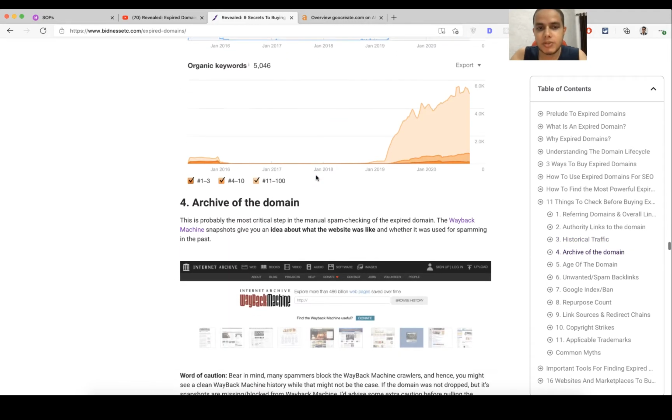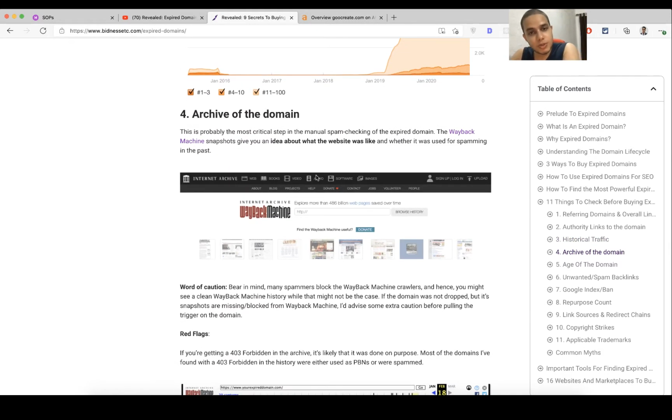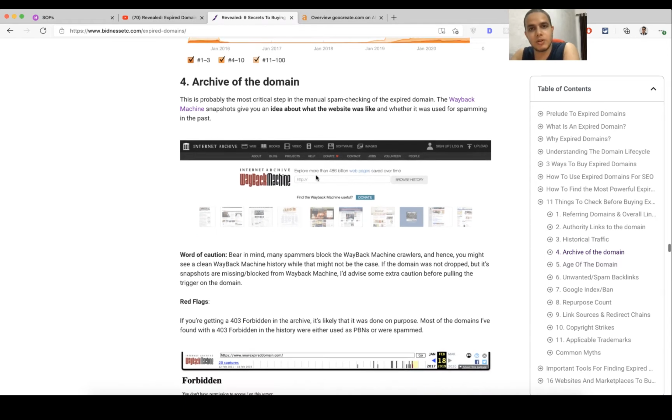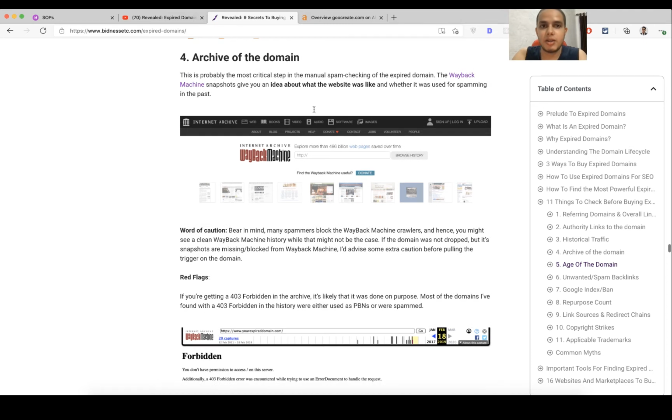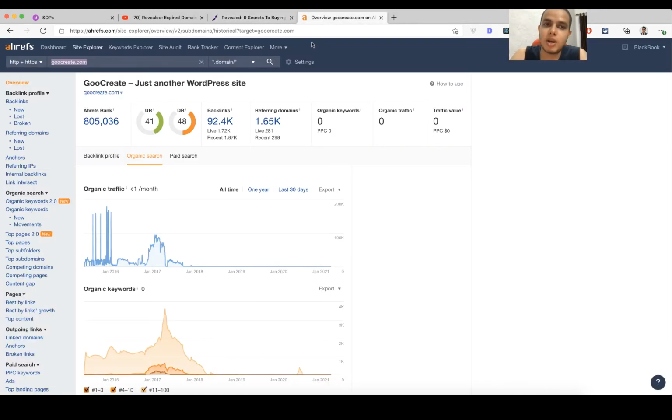The next thing which we need to check, and this is one of the most important things after all the steps that we have done till now, is the archive of this domain. What it means is the archive or the Wayback Machine, it lets us have a look at what the site used to look like in the past.